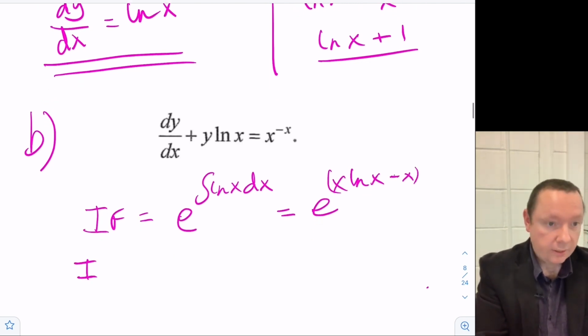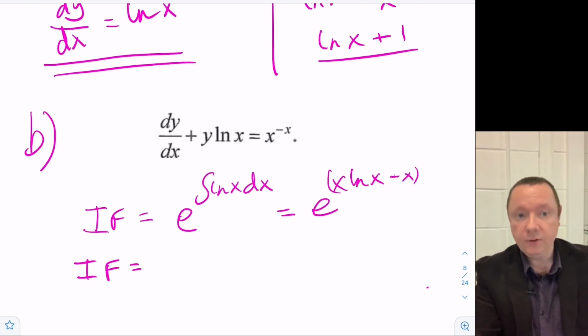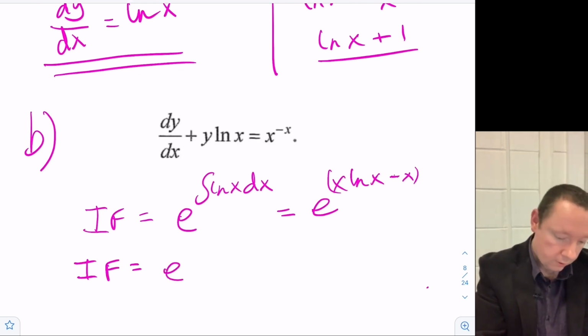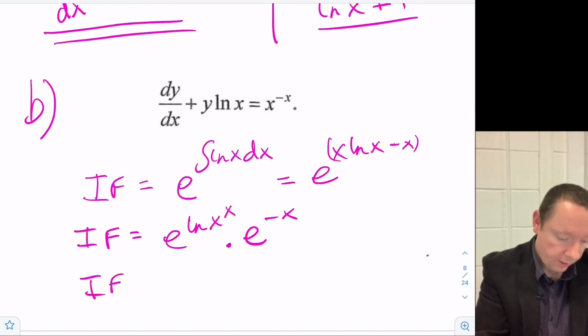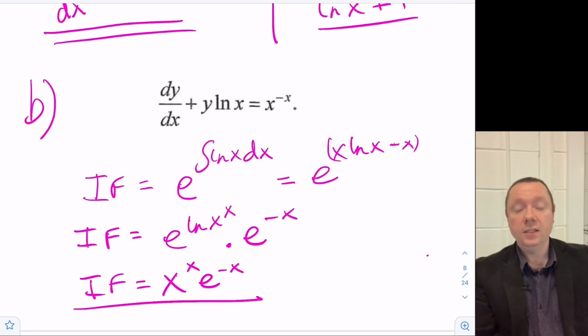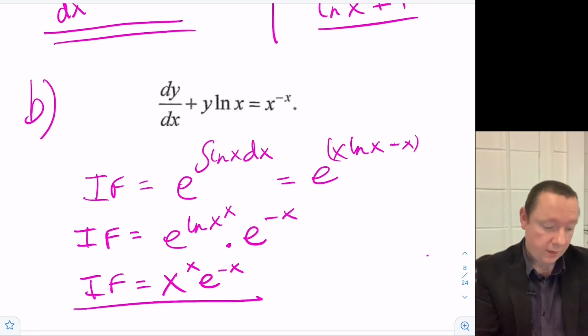So that means our integrating factor is e to the log of x to the power of x times e to the minus x. So that means our integrating factor is simply x to the power x times e to the minus x. So we can just times both sides by our integrating factor.